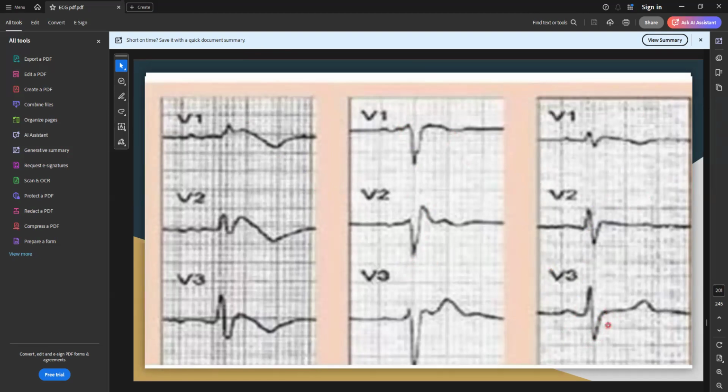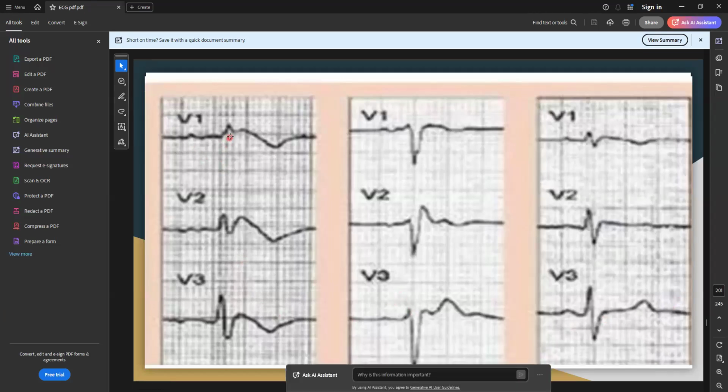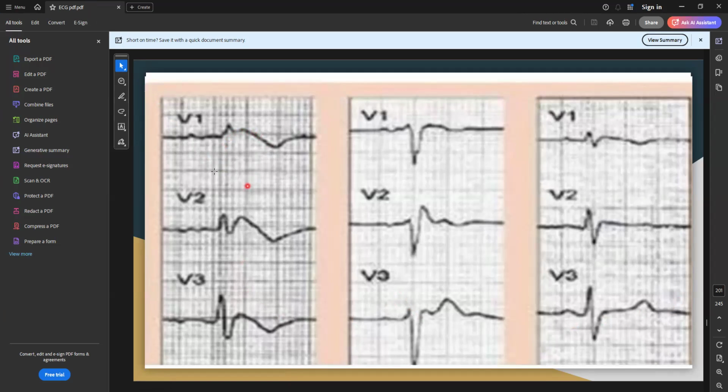Sorry, this is type 1, type 2, type 3. Here you can see the proper Brugada waves in V1, V2, V3, that is type 1. It is the diagnostic feature of Brugada syndrome. In case of type 2 and type 3, there is no prominent coved or saddleback shape of the ST segment.